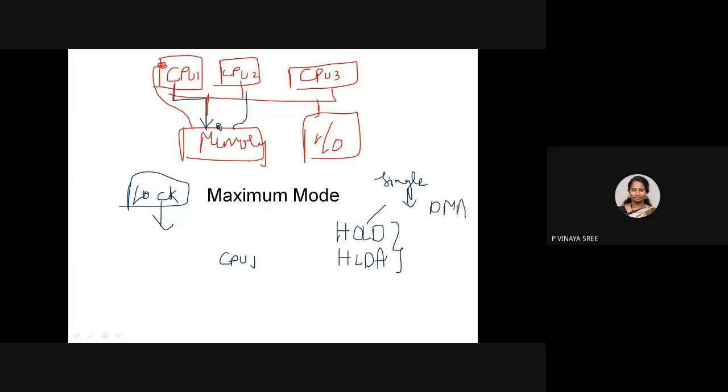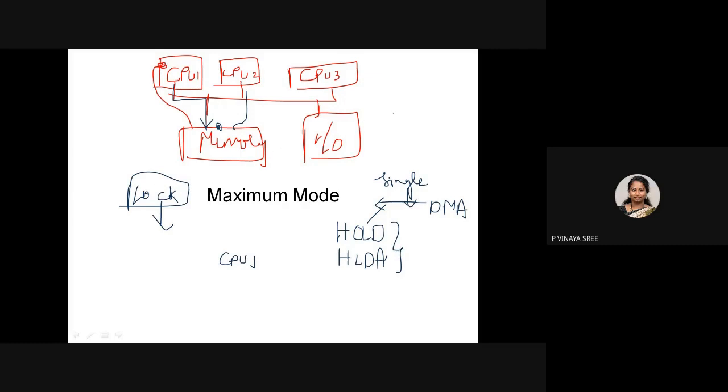DMA will give a request to the processor, and upon seeing it, the processor will give an acknowledgement, and based on the acknowledgement, the system bus is under the control of DMA. Here, in maximum mode, the processor has kept a lock so that the other processors will not use the bus.